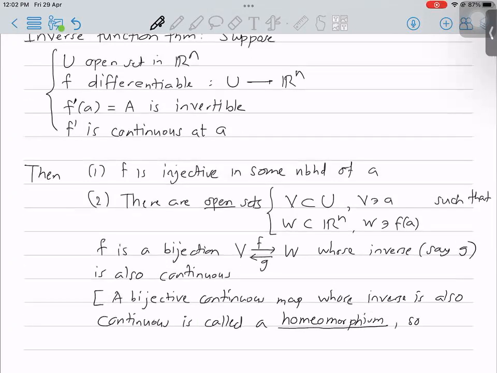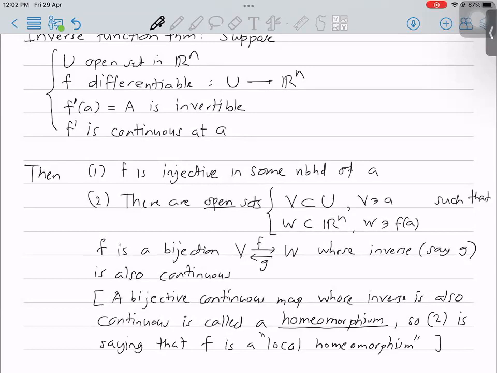And so this 2 is really saying that f itself need not be a homeomorphism. f need not even be bijective, but it is a local homeomorphism, and I'll put this in quotations.